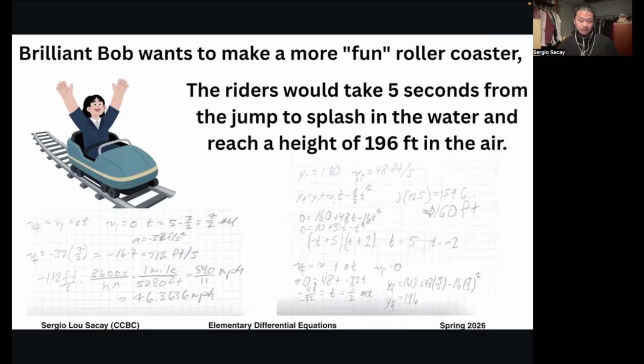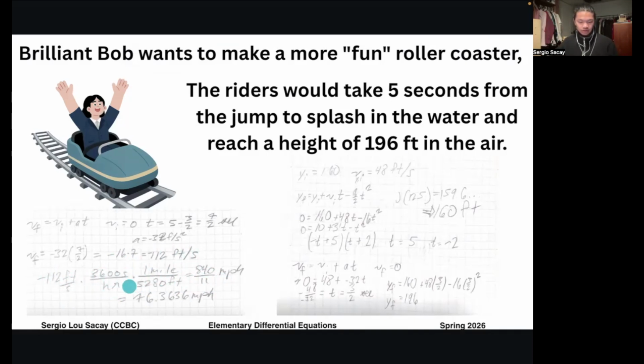And so we did some dimensional analysis to find out how fast they're going in miles per hour. So minus 112 feet per second, there are 3,600 seconds in 1 hour, and there are 5,280 feet in 1 mile.